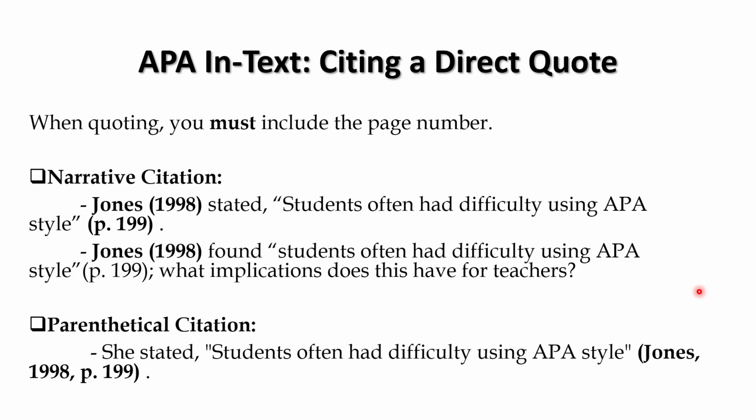For paraphrases and summaries, the page number is recommended but optional. For direct quotes, it is required, so you have to include the page number every single time you quote. Let me show you how this works with these three examples.